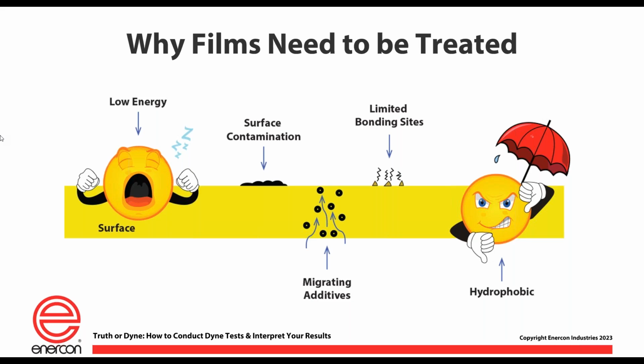So the main question we can ask ourselves to start with is, okay, we're talking about Dyne testing, but let's back up a second. Why do we need to treat some of these films to begin with?